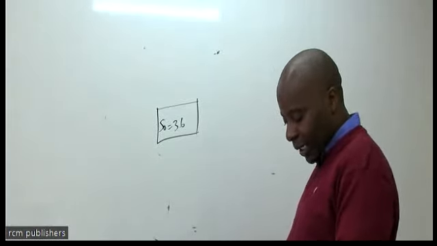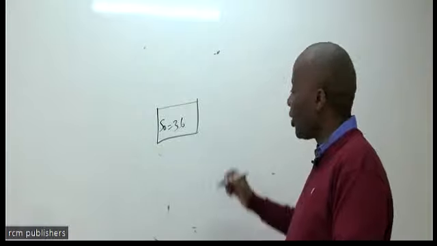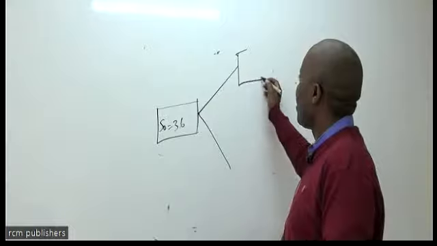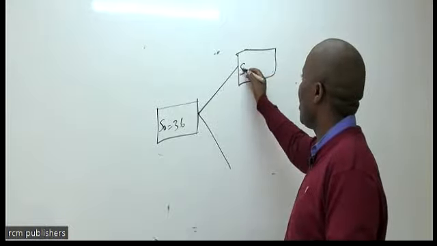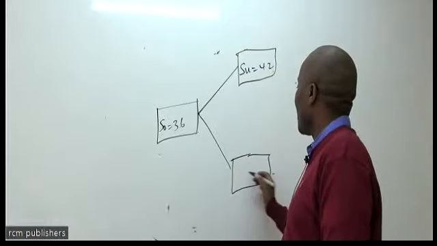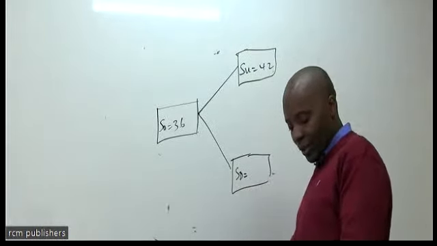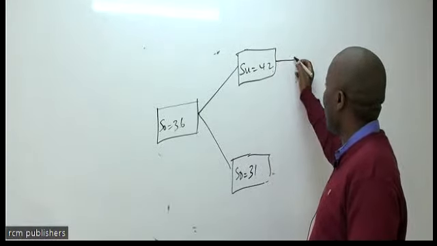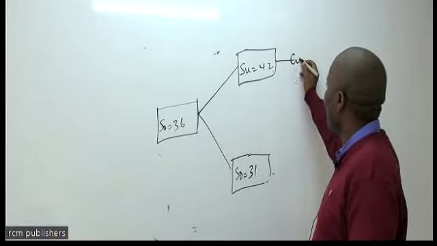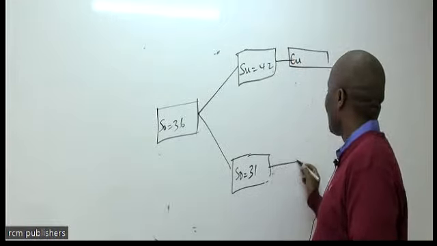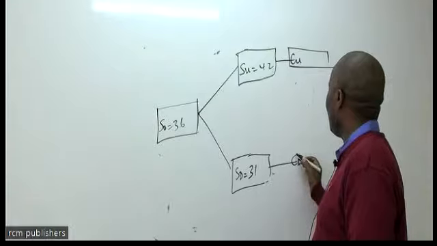And then in the next 6 months, the stock price will either increase to 42. So if it is upward motion, it will be 42. S down will be 31. So come and give me the C up and the C down.